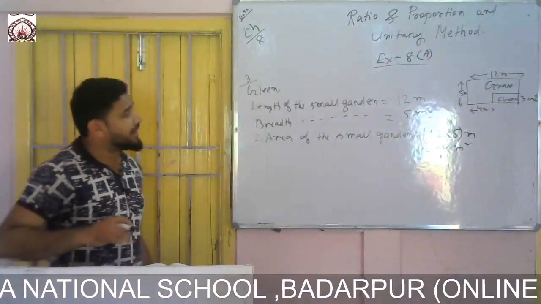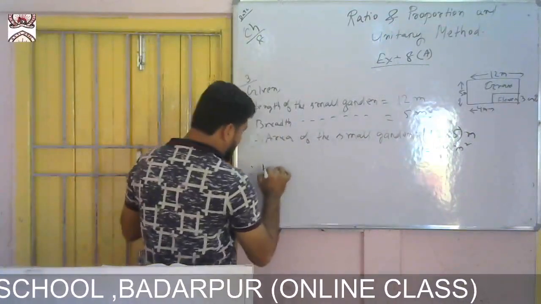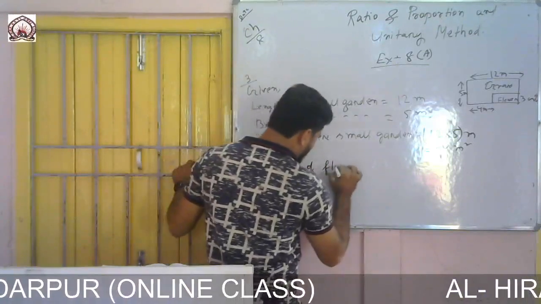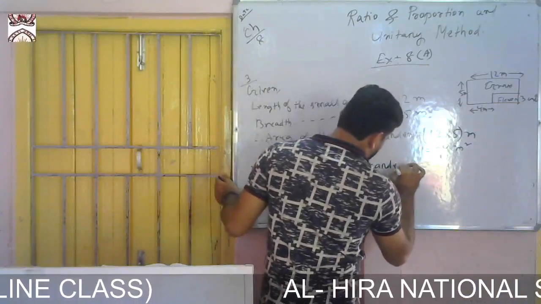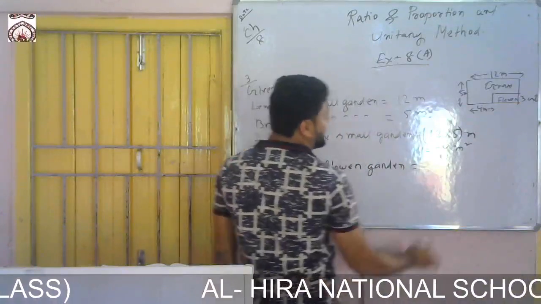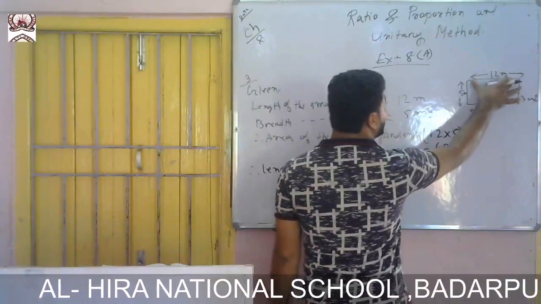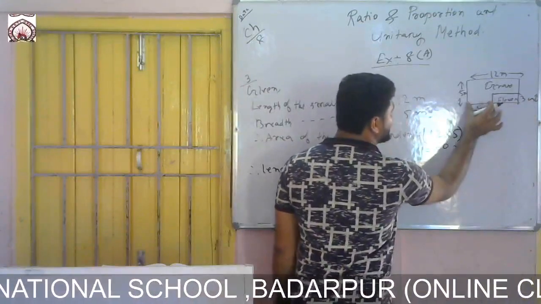Now let us find the length of the flower garden, this one. Therefore, length of the flower garden equals to what? The total is 12, and this portion is 4.